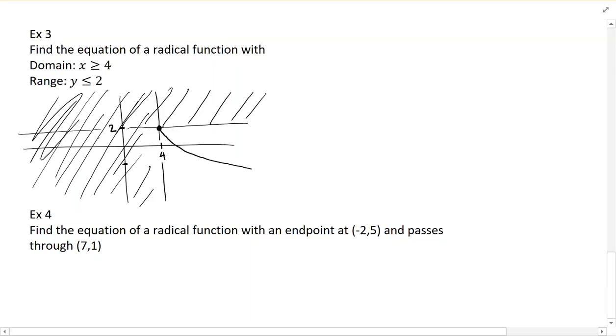So to make our lives easier, it's probably easiest just to go with a graph that has no horizontal or vertical stretch, but you can be creative and throw one in if you wanted to. We're just going to say this is simply a graph that has a vertical reflection, and we know it has a horizontal translation right 4, and a vertical translation up 2.